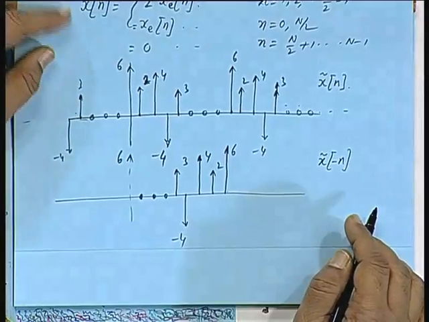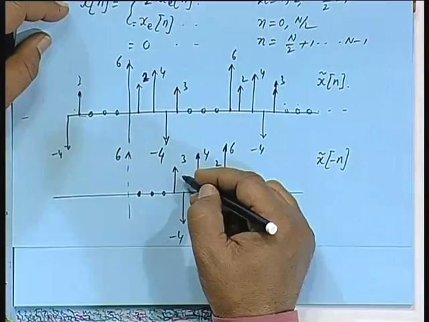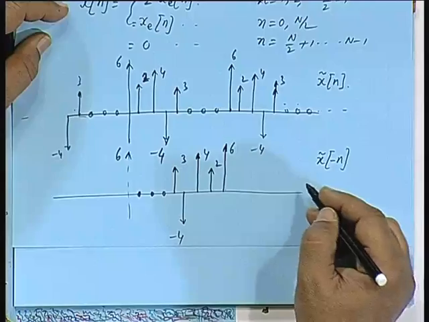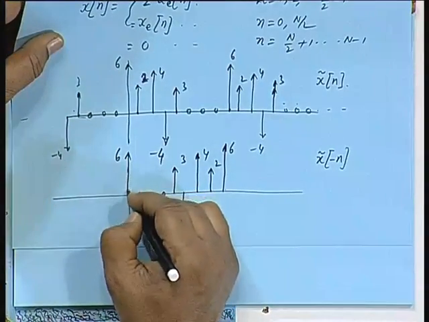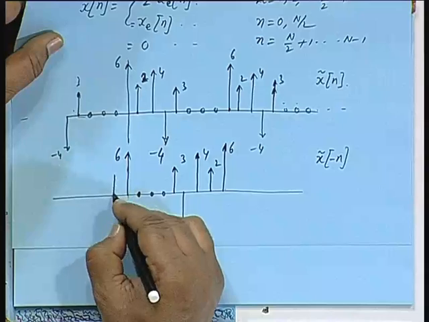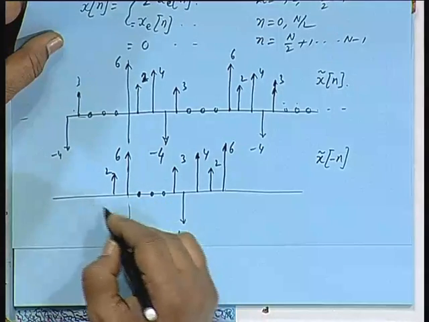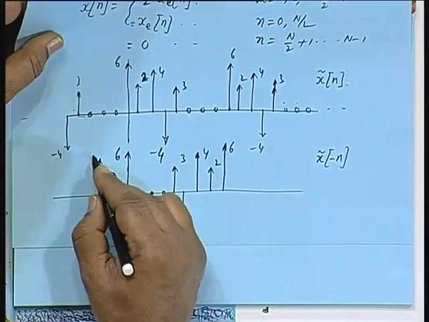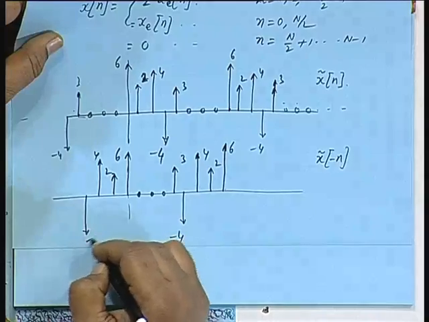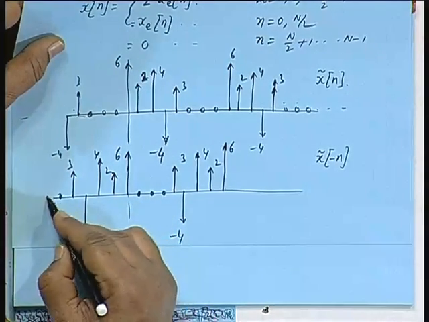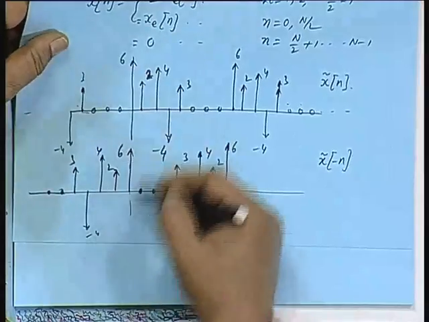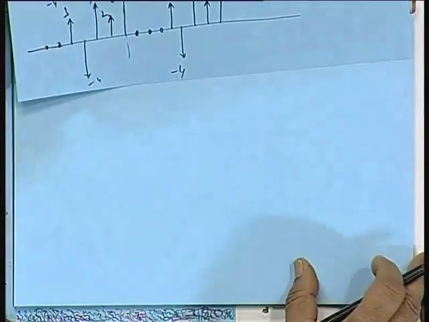Is that all right? Now, if you take the average, that will give you x_e[n]. It repeats on this side also, 6, 2, 4, minus 4, 3 and so on, zeros.